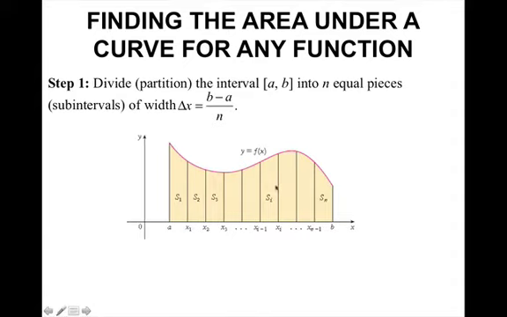You have your area underneath the curve, and you're going to partition the area up into n number of equal subintervals, where a, the beginning of your interval, equals x sub 0, and b, the end of your interval, equals x sub n.